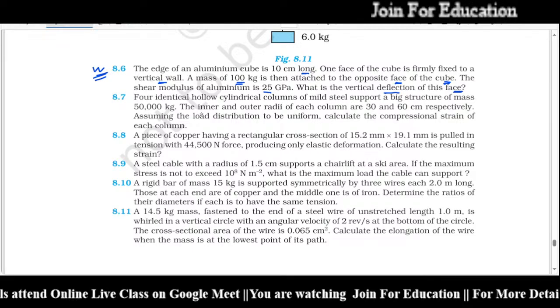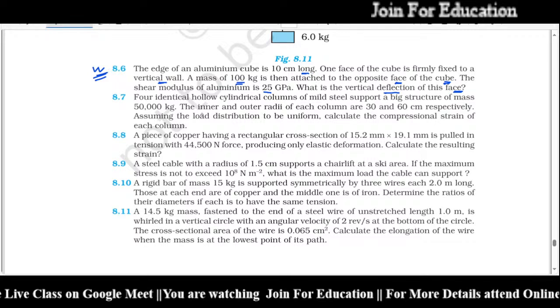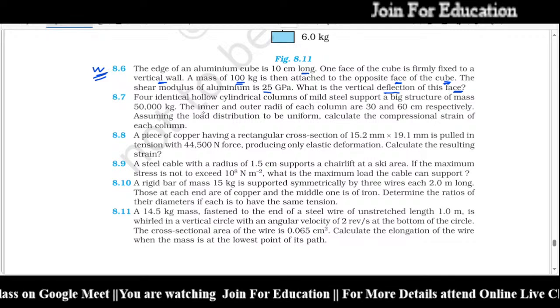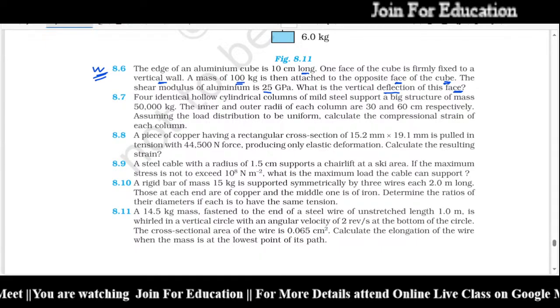To solve this question, first of all, we prepare the data. This is question number 8.6.